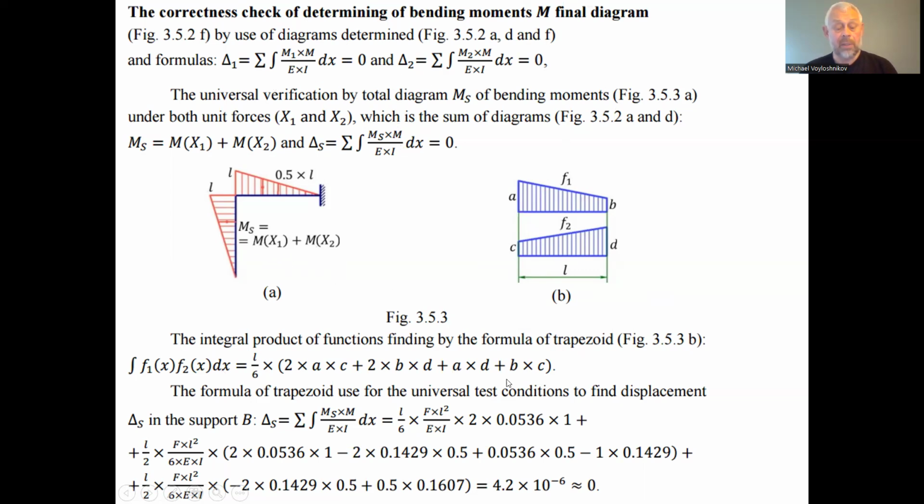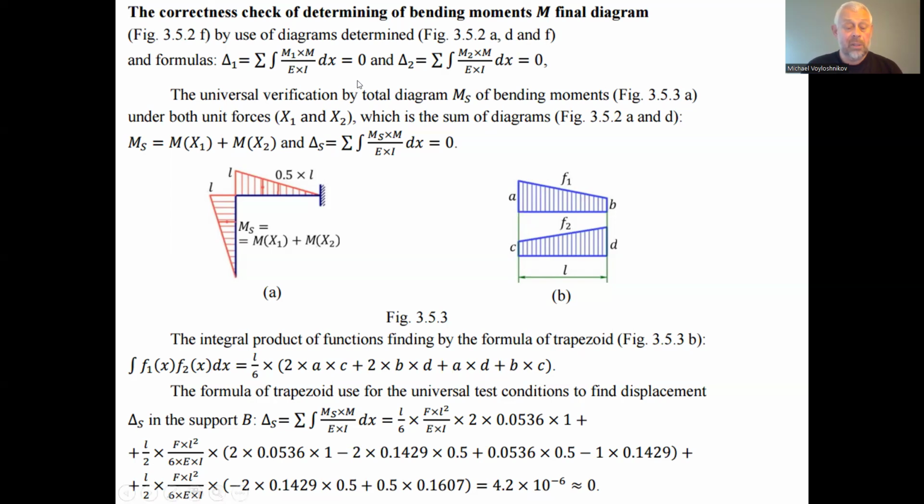So this direction we say is not the first, not the second, but number S, the index of the generalized direction. So for this direction in the support B, the left one, we have to consider the diagram got in the previous article of the bending moment action in the main system under the action of the forces, but not in the direction of the first force and the second force, but in the generalized direction.